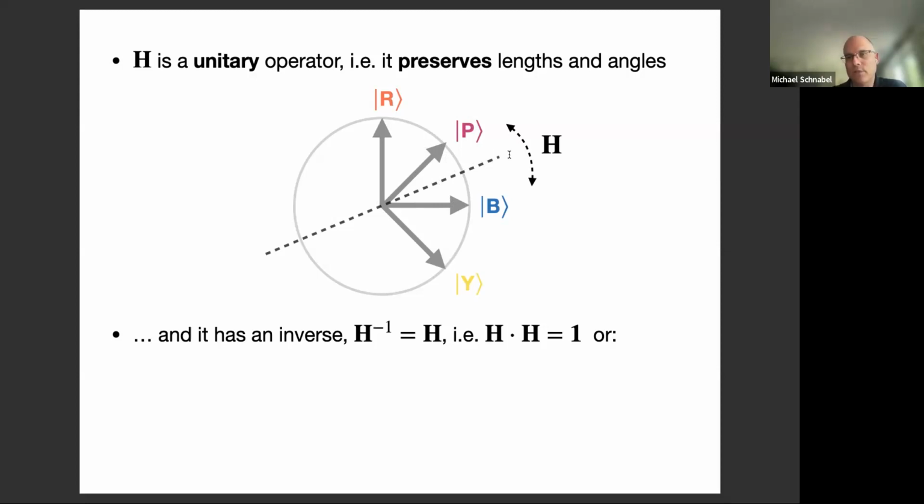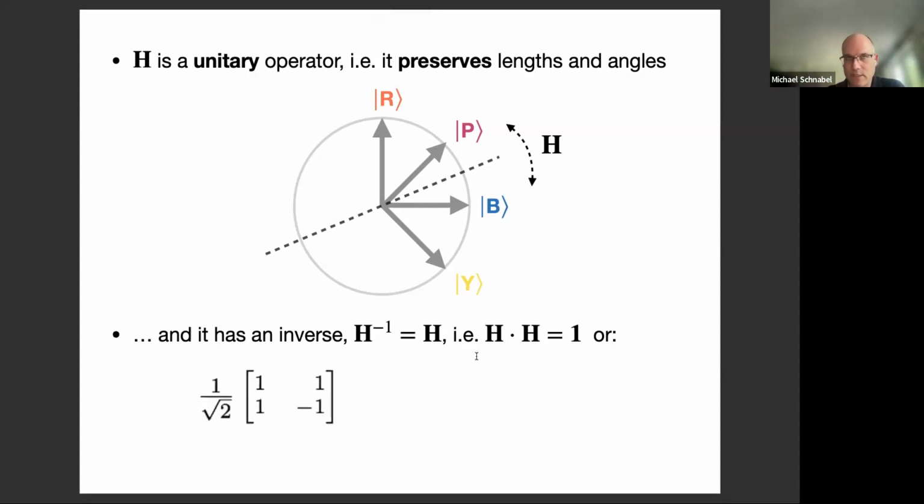And as with every mirror, if we reflect twice, again we end up with what we started. So it's its own inverse. Application of this operator twice, represented by multiplication of operators, gives the identity. It's not the 1 state, it just means nothing happens.